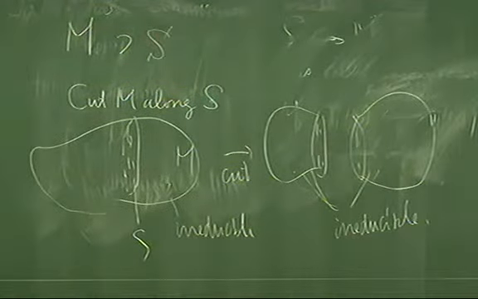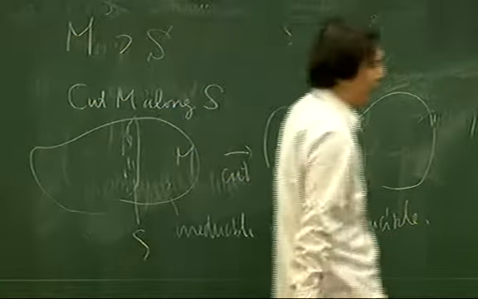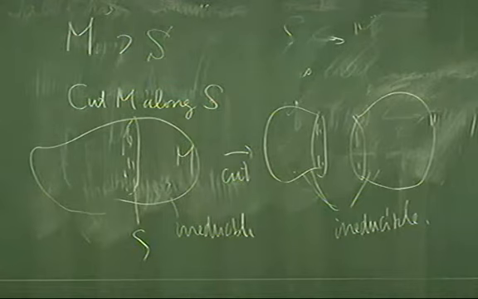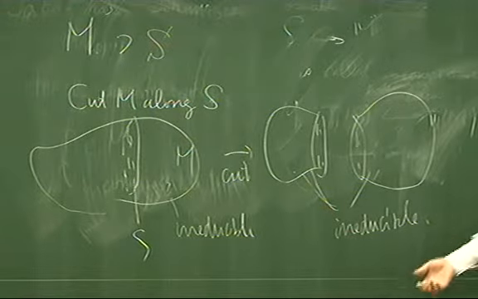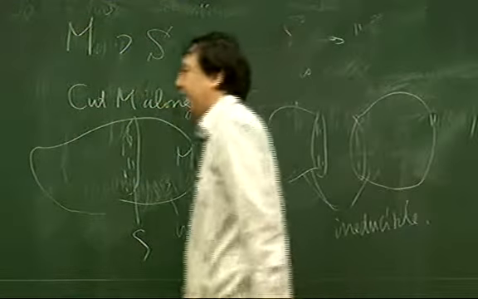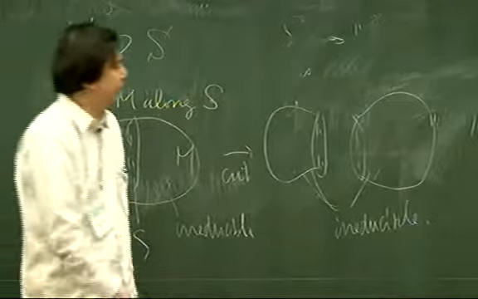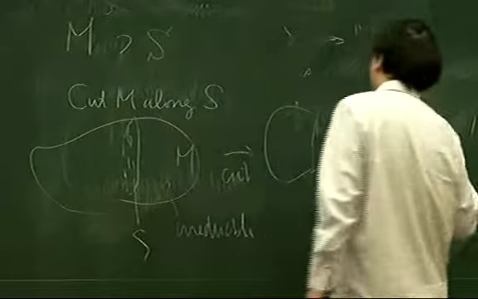Now, actually, if an irreducible manifold has a boundary, and the boundary is not a sphere, then we can show that it is Haken.